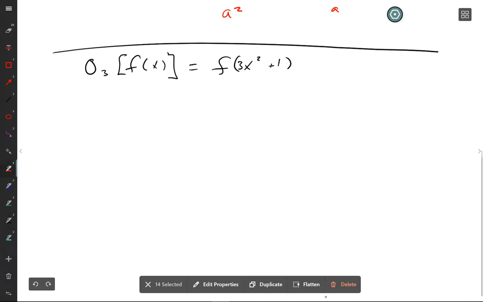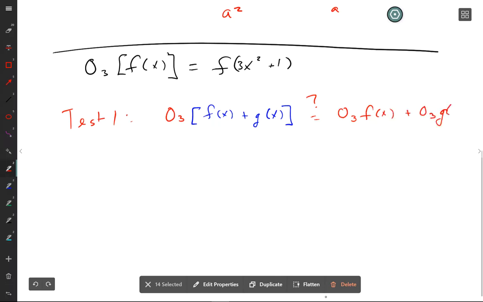And so then test 1, O3 on f of x plus g of x. So there's our test. So we substitute, and everywhere we had an x, it becomes 3x squared plus 1.